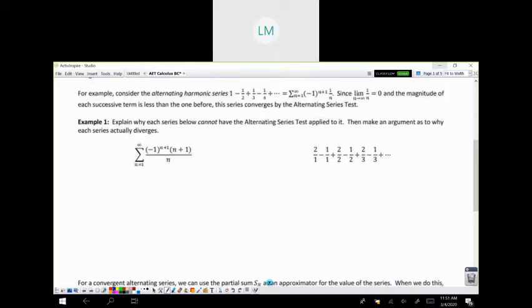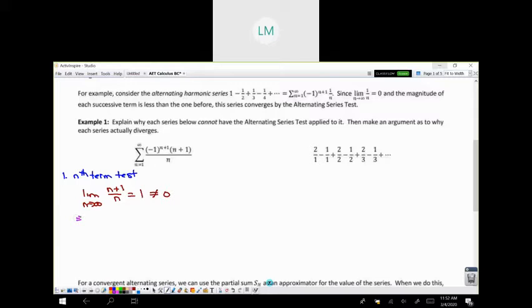So beginning with the nth term test, we want the limit as n goes to infinity of n plus 1 over n. We know that equals 1, which is not equal to 0.